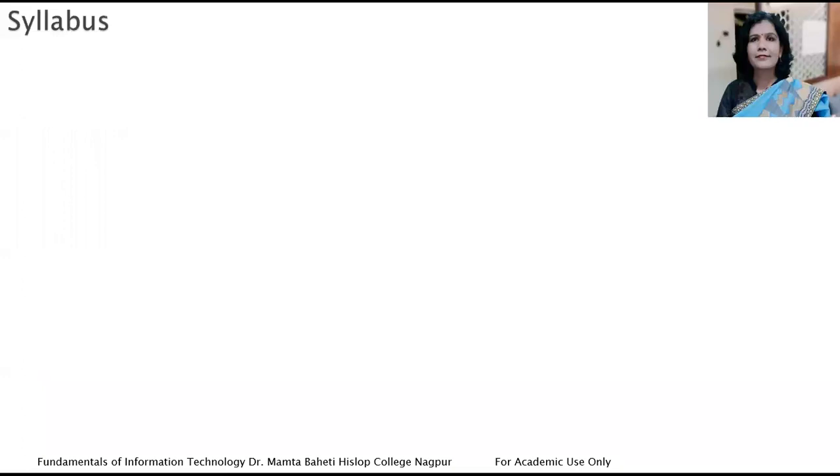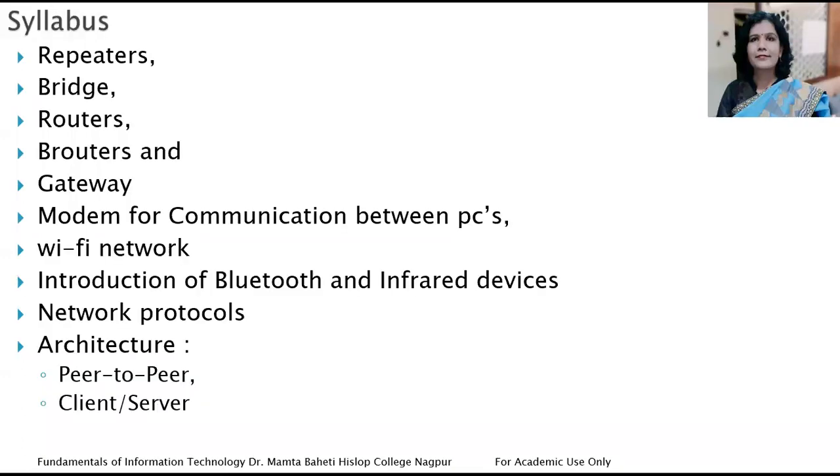Along with that, we have repeaters, bridge, routers. These are the networking devices. Gateway. There are means of communication like modem or Wi-Fi. So how it works. Then we will see Bluetooth and infrared devices, network protocols, and architecture.